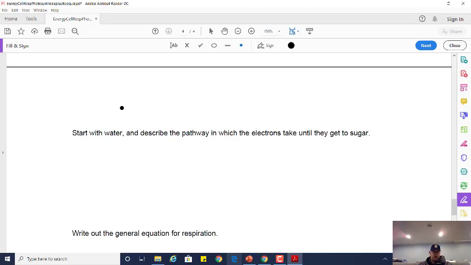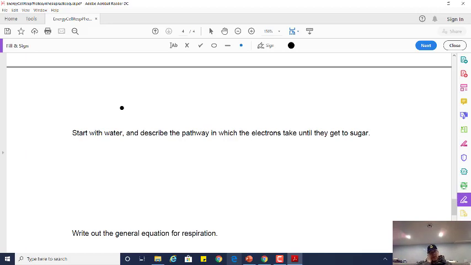If you were to start with water and describe the pathway in which electrons take until they get to sugar, basically they start with water. They get broken out of water, which makes oxygen and hydrogen ions, but those electrons go to a pigment complex. They get excited with light, and then they go through a series of electron transport chain where they pump hydrogen into the thylakoid, but then they end up getting incorporated into another photosystem or pigment complex.